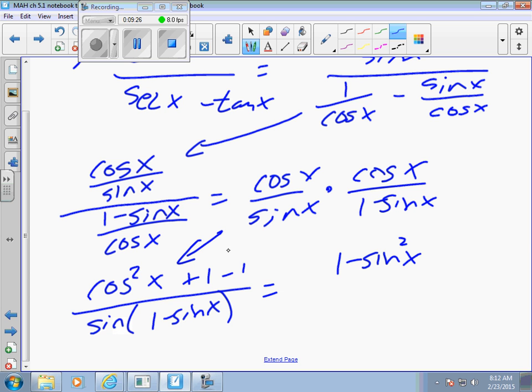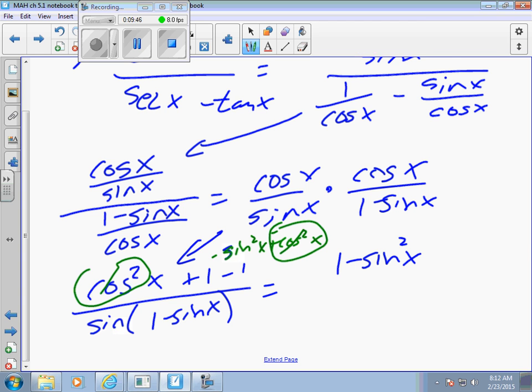In for the 1, I'm putting in, let me put it in green, sine squared x plus cosine squared x. In for the negative 1, which makes that negative and makes that negative. My negative cosine squared and my positive cosine squared, they go away. And I'm left with the 1 minus the sine squared. So that's what I did. I did a plus 1 minus 1 to get this.